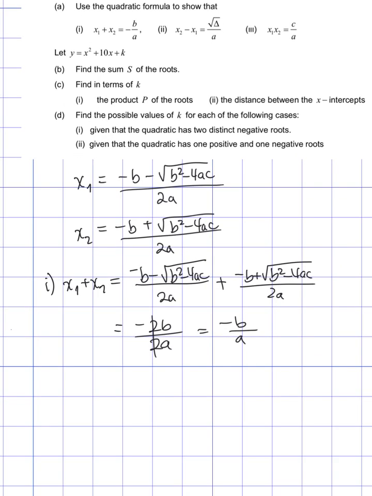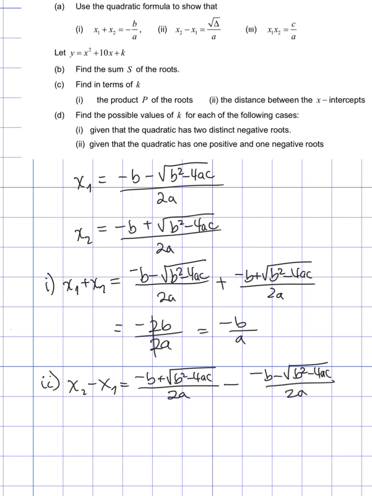If we do x2 minus x1, we're going to have negative b plus the square root of b squared minus 4ac over 2a minus negative b minus the square root of b squared minus 4ac over 2a.